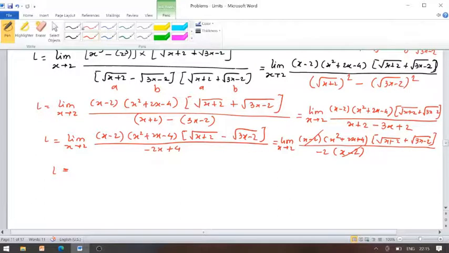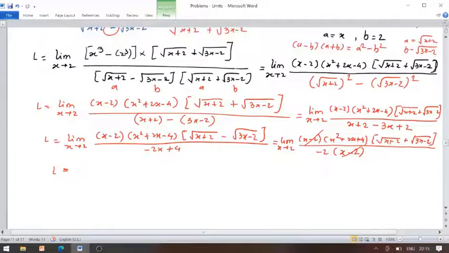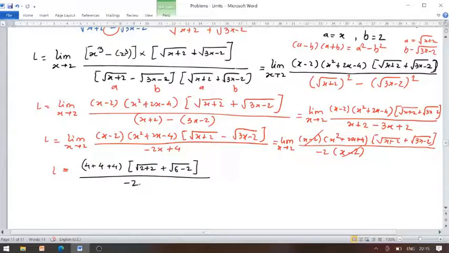We get from the remaining factors 2 square as 4, 2 2s are 4, plus 4, whole into root of 2 plus 2 plus 3 2s are 6 minus 2 under square root, whole divided by minus 2 only. So 4 plus 4 is 8 plus 4 is 12, times root of 4 becomes 2, plus again 6 minus 2 is 4, so root of 4 becomes 2, divided by minus 2.